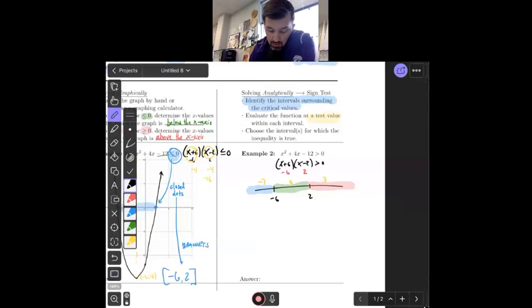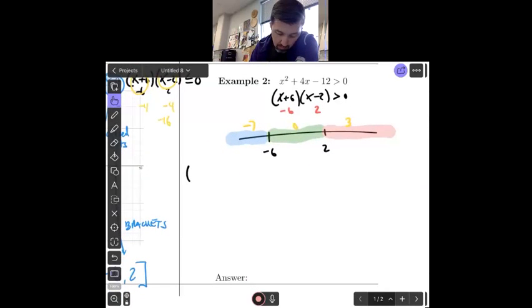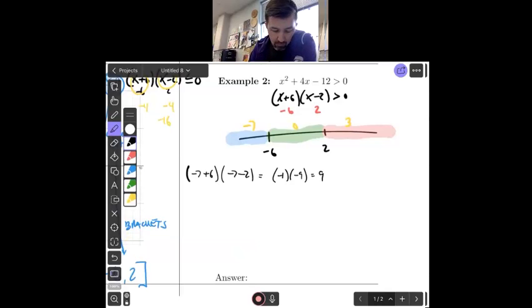If I plug in -7, what do I get? -7 plus 6 times -7 minus 2, which is -1 times -9, which is 9. And then we're going to compare that to 0 in the same way that they asked us to.